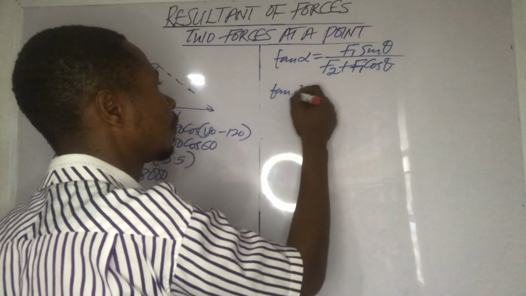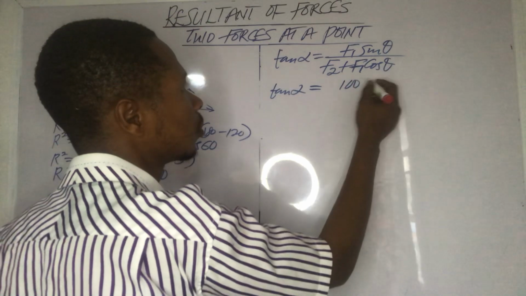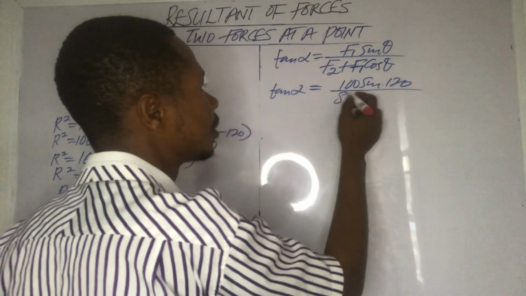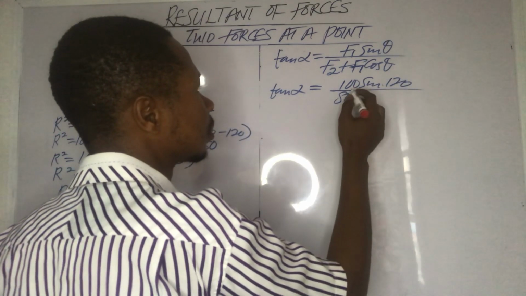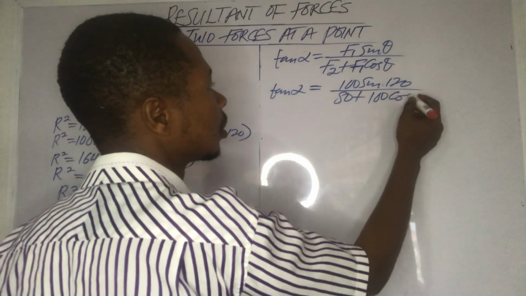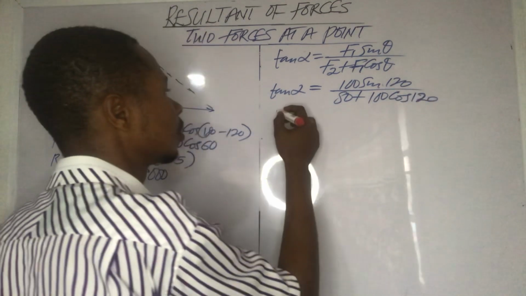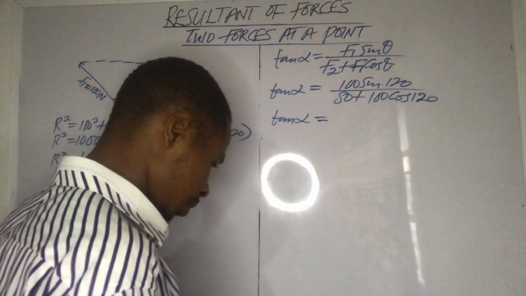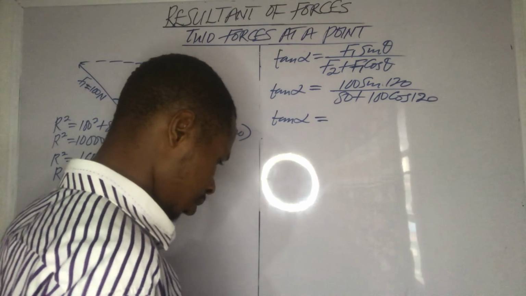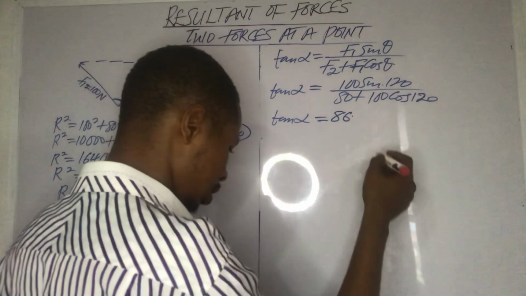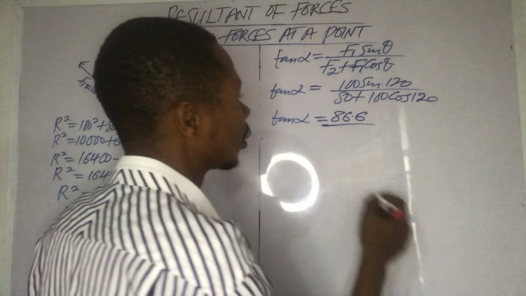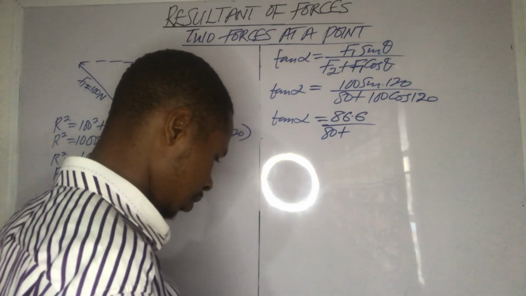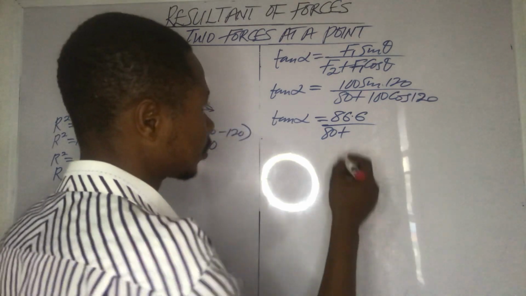That will give me tan alpha is equal to 100 sin 120 over 80 plus 100 cos 120. 100 sin 120 gives me 86.6 over 80 plus 100 cos 120, that's minus 50.